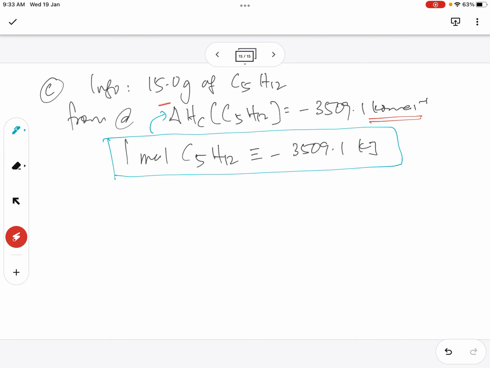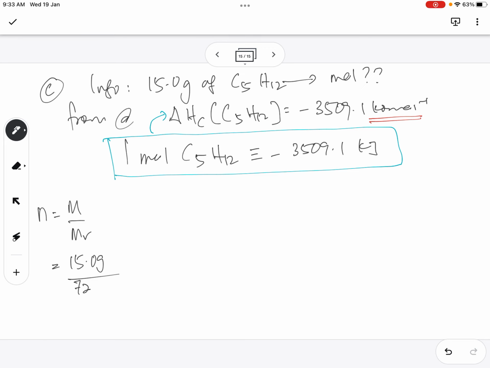so maksudnya step pertama kita kena tahu berapa mole 15 gram ni lah. Kita kena tahu berapa mole. So macam biasa, mole equals to mass divided by molar mass. Mass is 15 gram. Molar mass of C5H12 is 72 gram per mole.